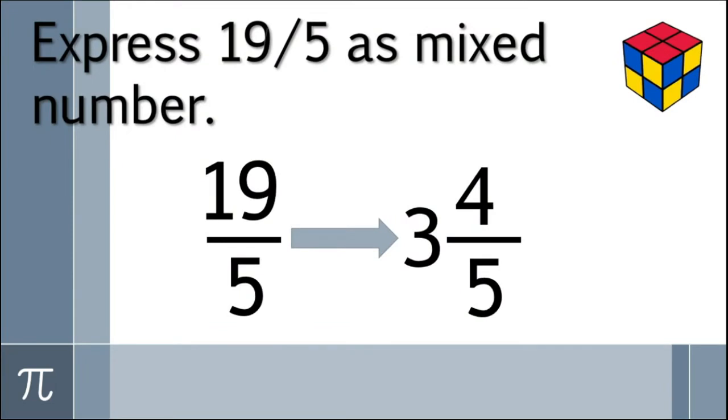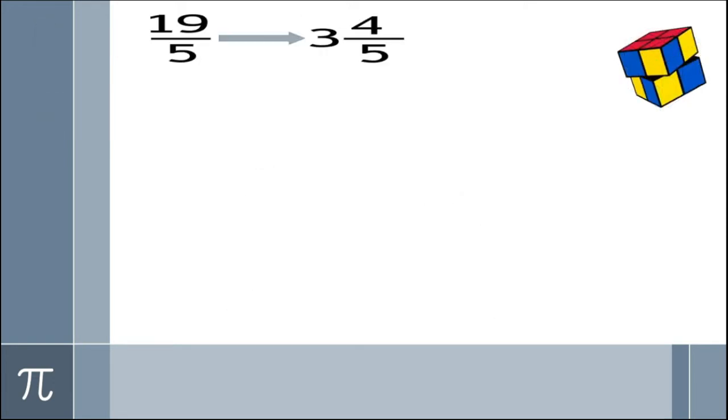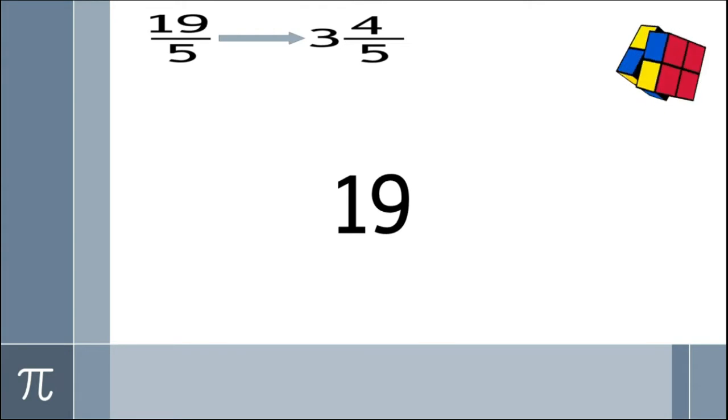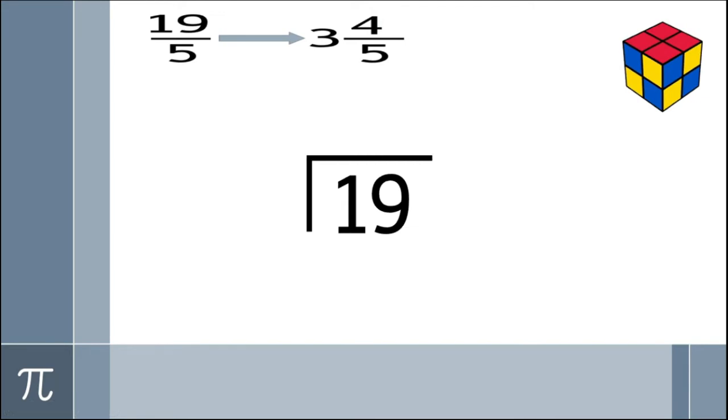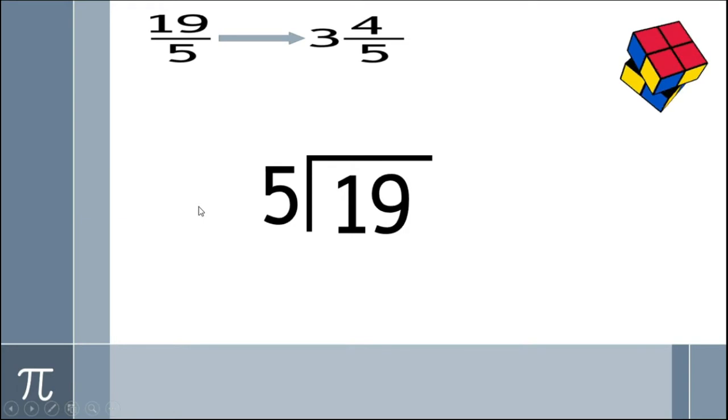So here is another example. Express 19 fifths as a mixed number. So yung 19 fifths, magiging 3 and 4 fifths. Ano ang gagawin? Katulad ng kanina. 19, yung numerator, divided by 5, yung denominator.